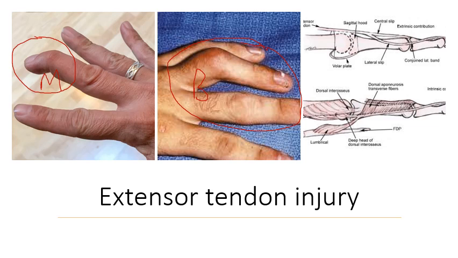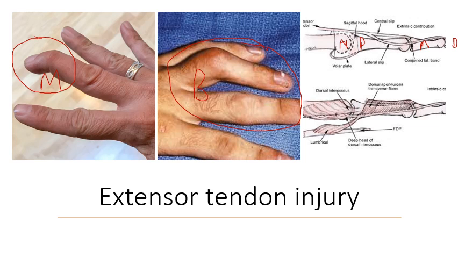The common extensor tendon divides into two: the central slip and the lateral slip. In this picture on the right hand side, this is your metacarpal, this is your proximal phalanx, this is your middle phalanx, and the distal phalanx is out of the picture, it is somewhere here.